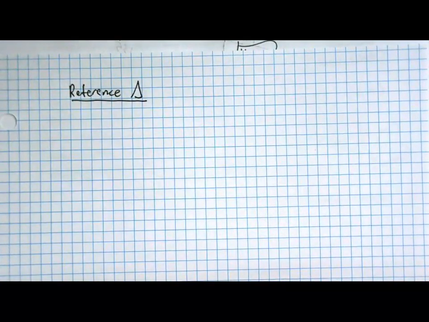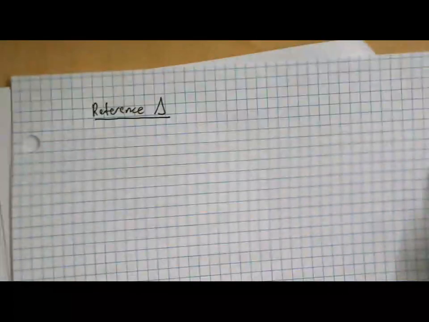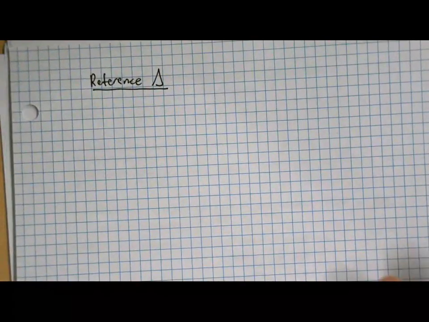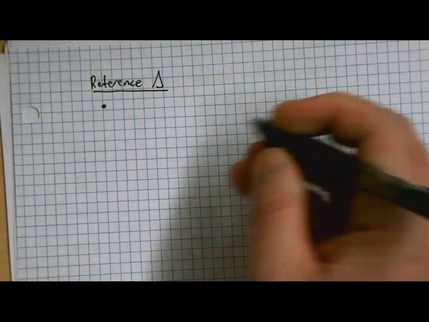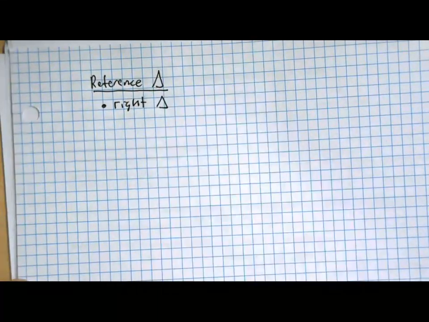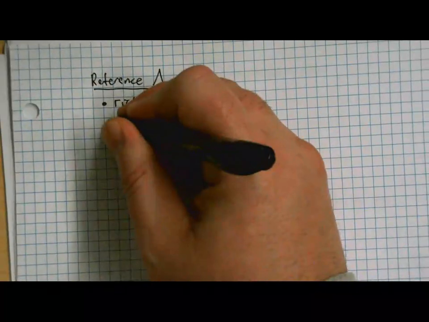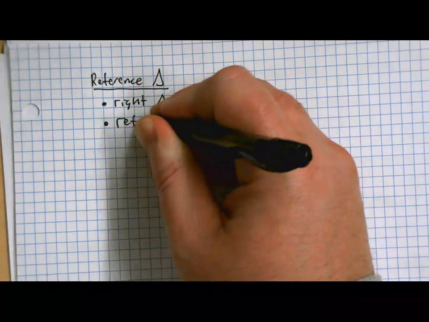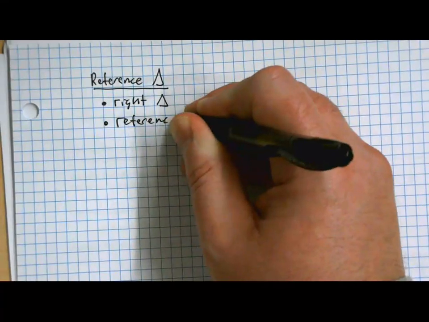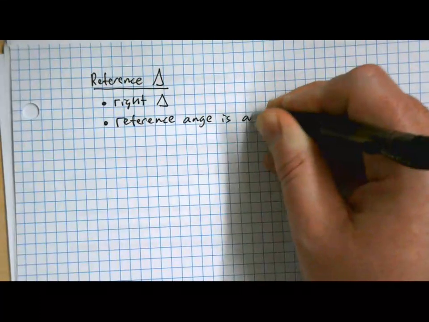All right, there are a few rules about a reference triangle. When we create a reference triangle, these rules are that it must be a right triangle. The reference angle is at the origin.